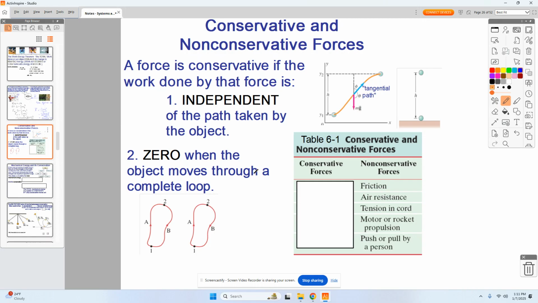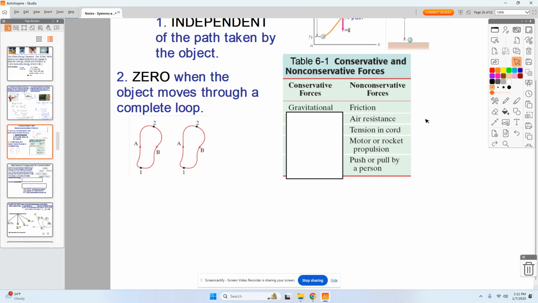Now, the conservative forces in nature. Gravity is a conservative force. So gravitational force is conservative. The work done by the gravitational force as I move an object around in a gravitational field does not depend on the path that I take. As a little example, if I take this book, can't see it on the video right now, but if I take this book and lift it up here, I did a certain amount of work.